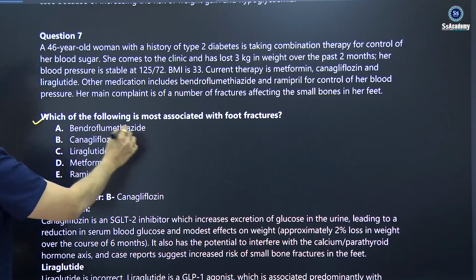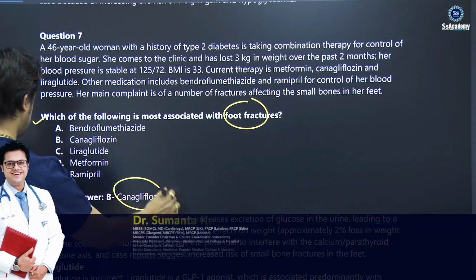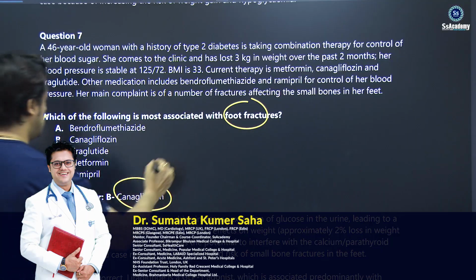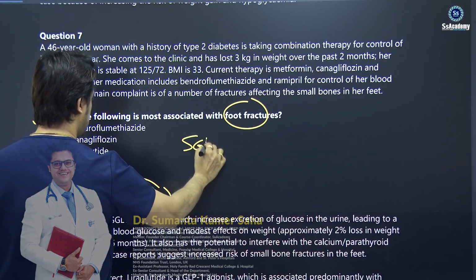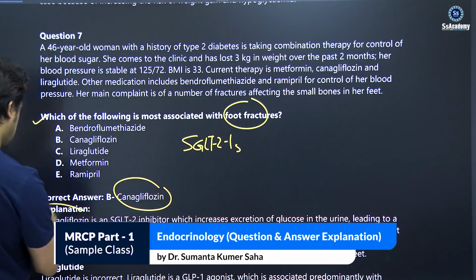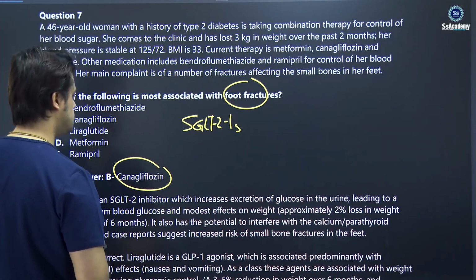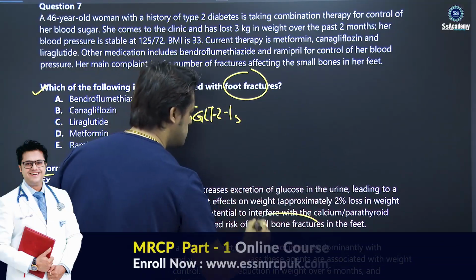Which of the following is most associated with foot fractures? Canagliflozin. So we need to know that SGLT type 2 inhibitors, canagliflozin, are associated with small bone fractures in the feet.